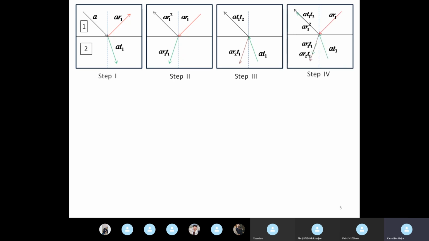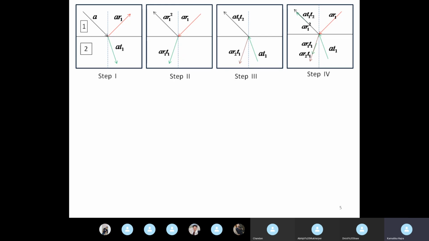And finally, two rays of amplitudes AR1 and AT1 incident simultaneously produce two rays, one in medium 1 of total amplitude AR1 squared plus AT1 T2 and another ray in medium 2 of total intensity AR2 T1 and AR1 T1. All right. So these are the 4 steps.